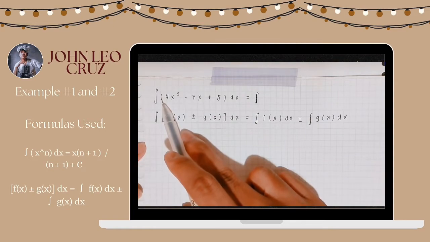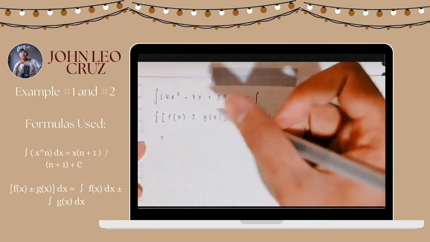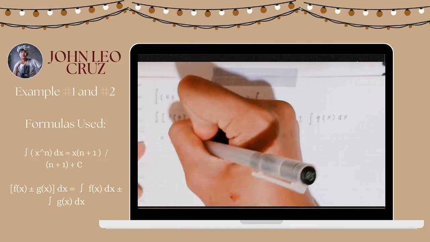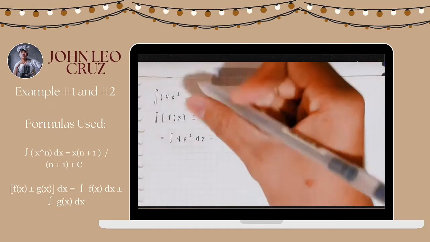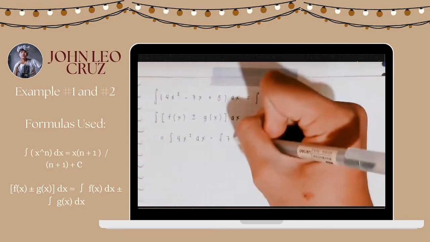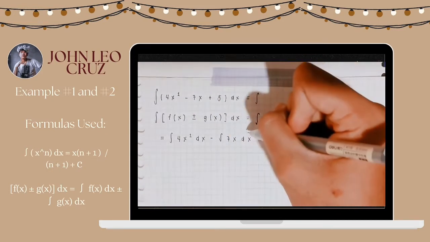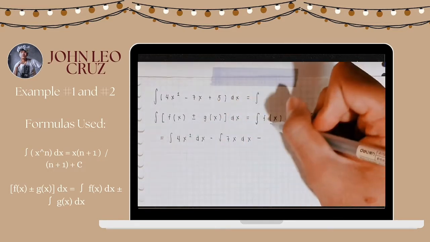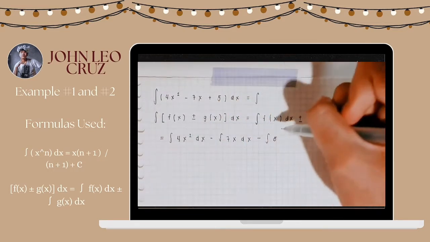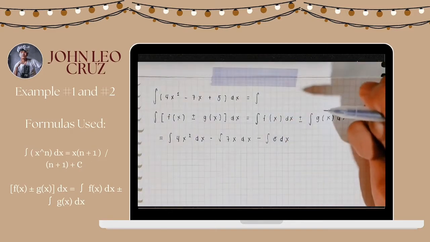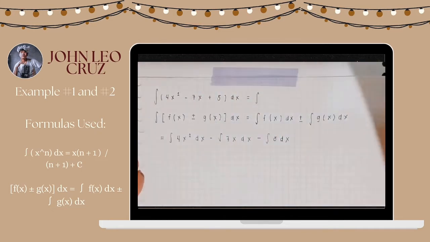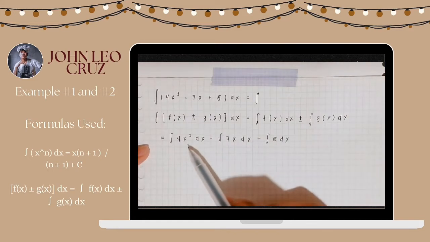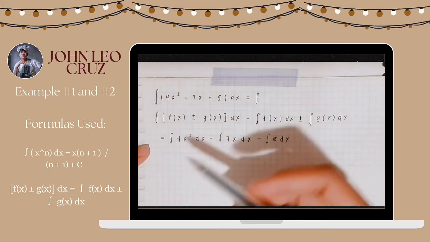Here it will be the integral of 4x squared dx minus the integral of 7x dx plus the integral of 5 dx. Actually, here we can remove the constants from inside the integral sign.